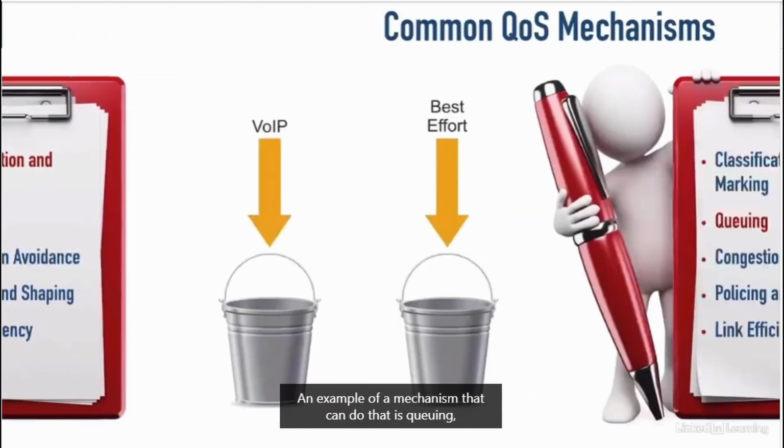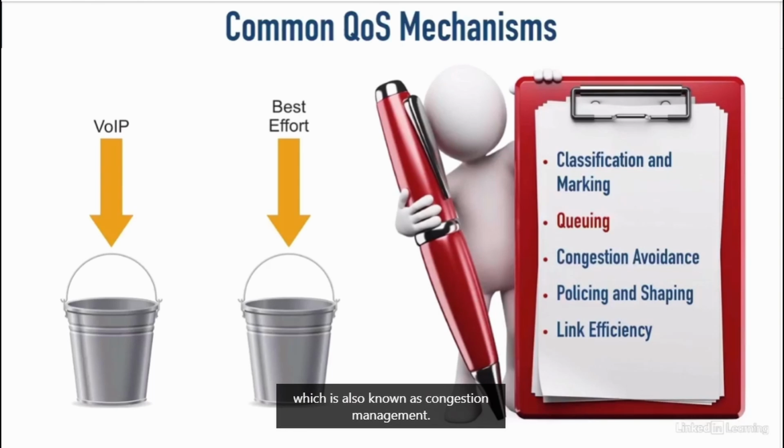An example of a mechanism that can do that is queuing, which is also known as congestion management. You might see that in the literature. But queuing is going to influence how a router or a switch forwards packets out of an interface's output queue. Remember when we talked about the speed mismatch a moment ago, and we were coming into a router at a gig rate and trying to leave it at 100 megabits per second? Well, what's going to happen to those packets that we cannot send right now?